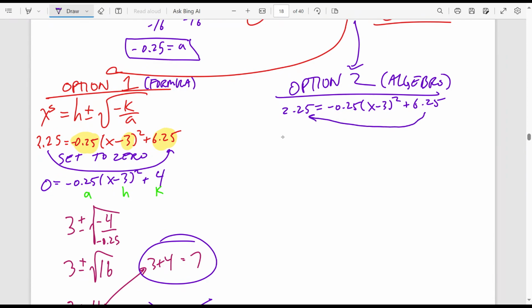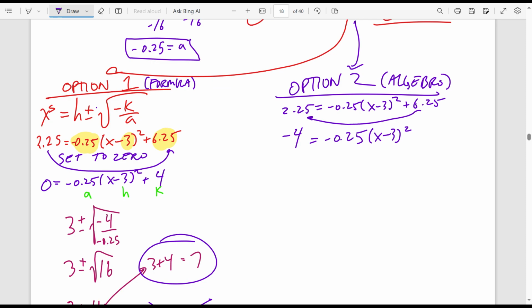Okay? So negative 4 is equal to negative 0.25 times x minus 3 squared. Okay? So brought that guy over there.